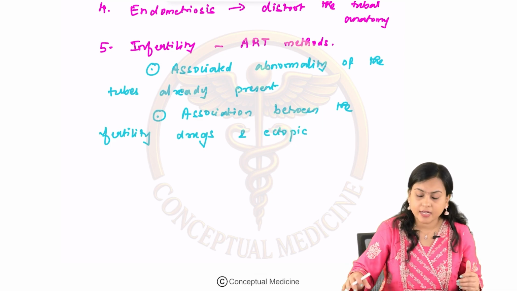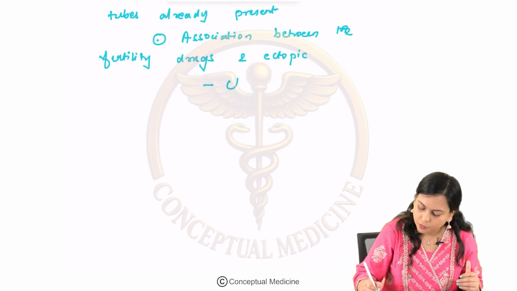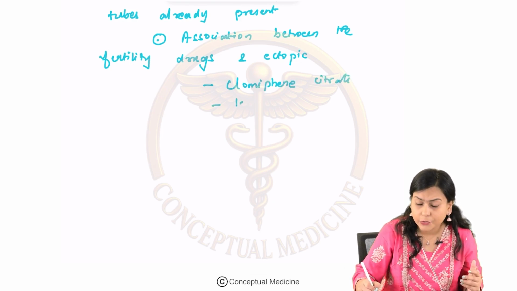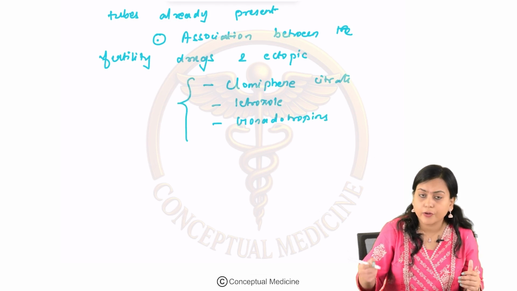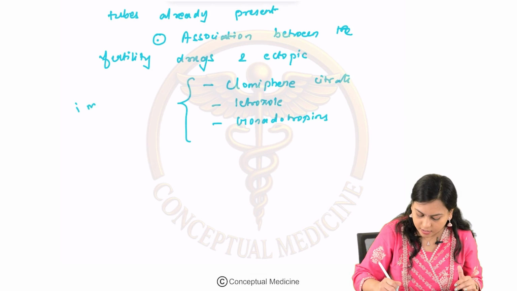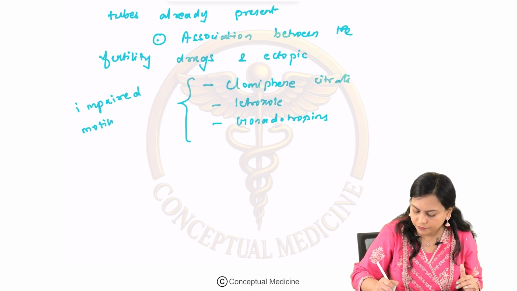The drug can be anything, like clomiphene citrate, or letrozole or gonadotropins. What are they going to cause? They are going to cause impaired motility of the tubes.